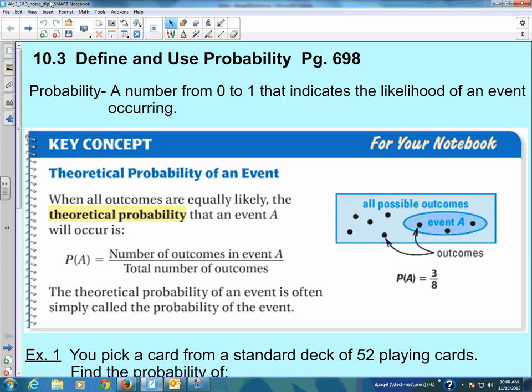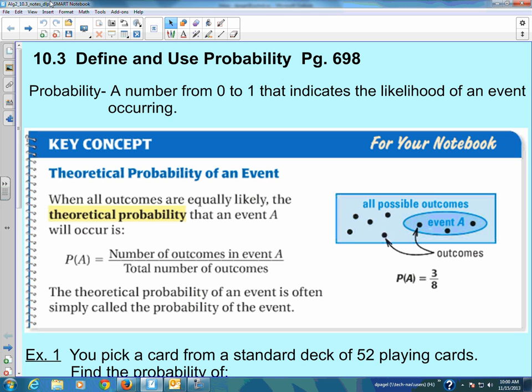Theoretical probability applies when we have equally likely outcomes, such as tossing a coin. You have an equally likely outcome of landing on heads as you would a tail. We'll also talk about how you could use odds when you have equally likely outcomes.